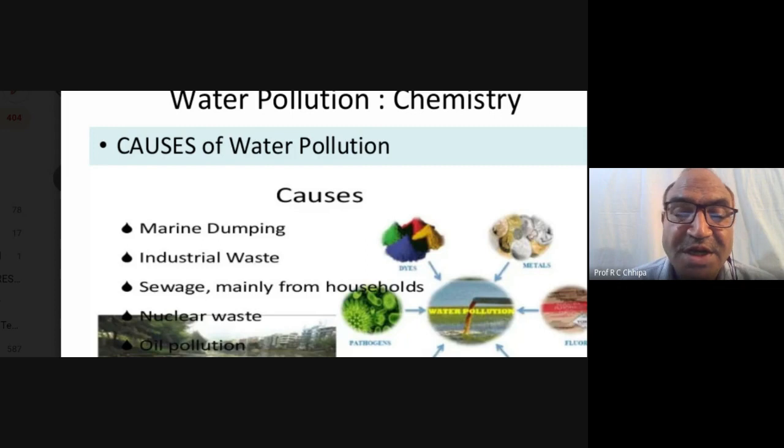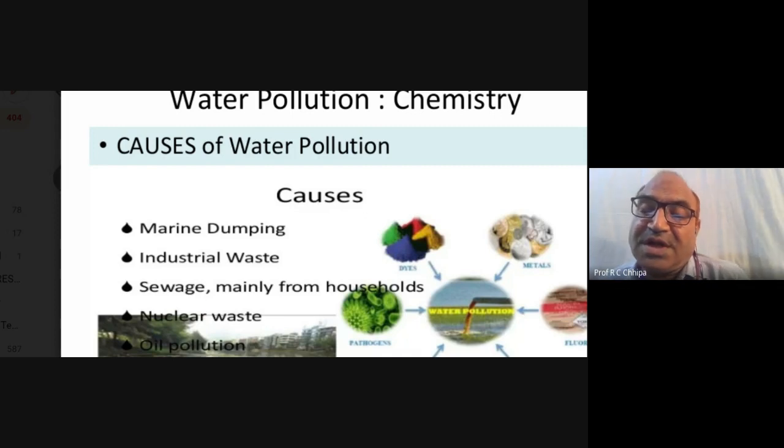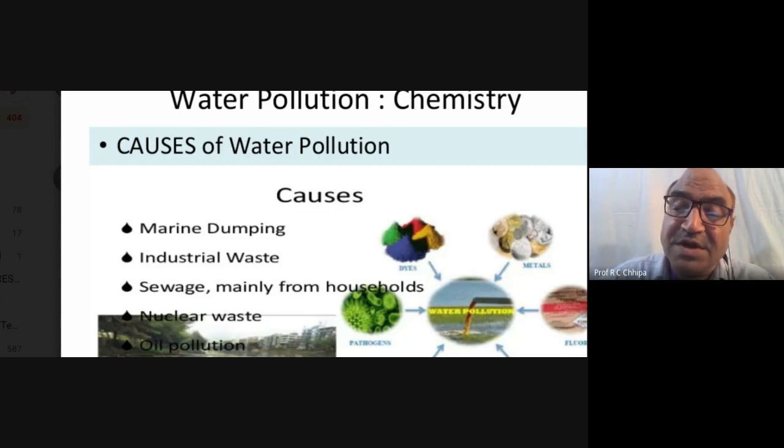Definitely, sewage waste is generated, because of our cleaning activities, body cleaning activities. All those materials go into the effluent water outside from the houses, and that becomes the sewage waste.